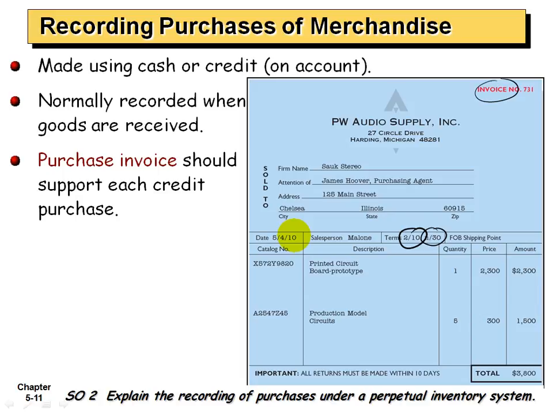There's two different ways of billing a customer. One is by individual invoices. So if Salk buys some more from PD Audio, they definitely would get another invoice.